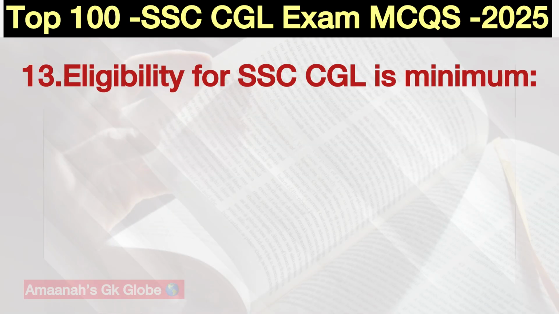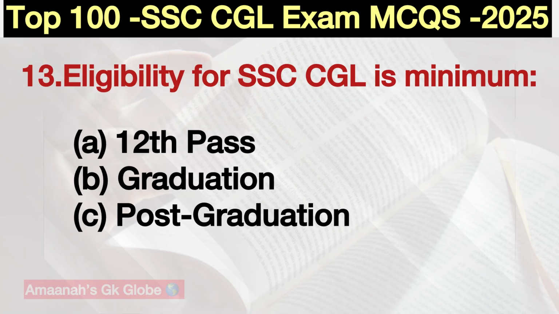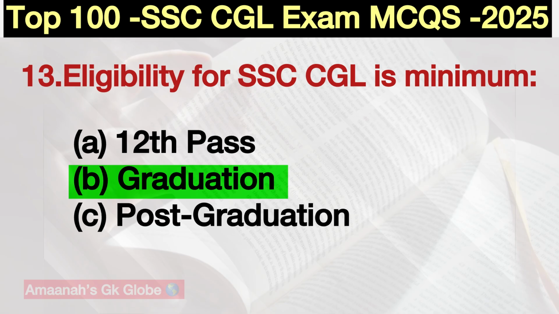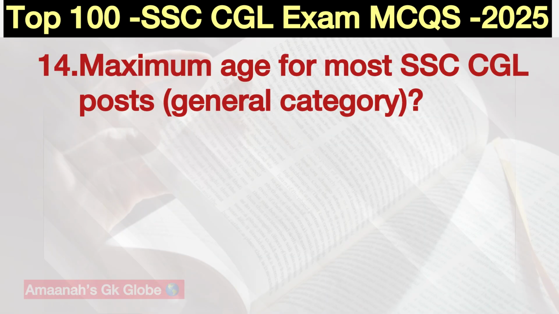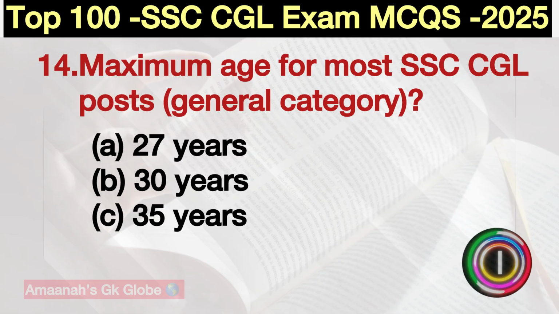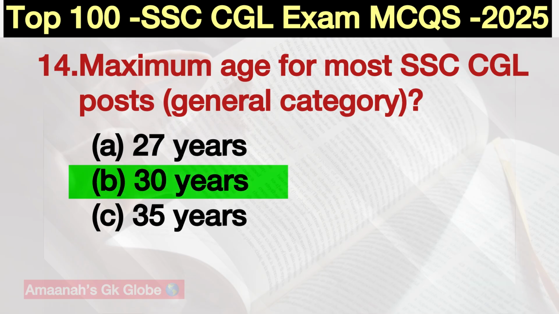Question number 13. Eligibility for SSC CGL is minimum. It's option B, graduation. Next question is, maximum age for most SSC CGL posts, general category. Right answer is option B, 30 years.